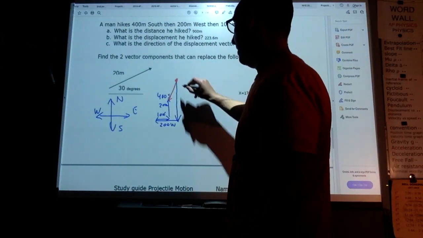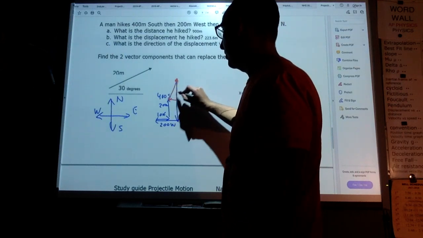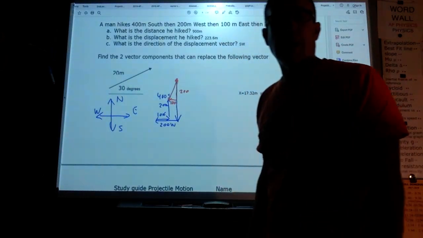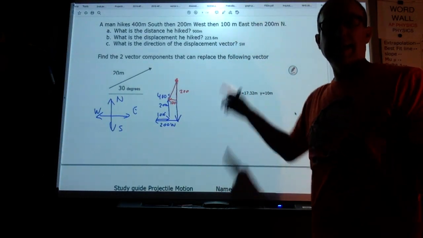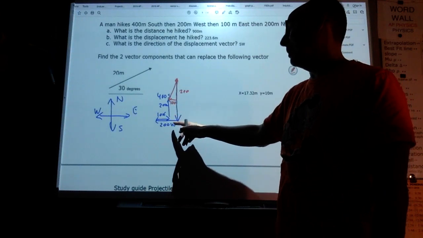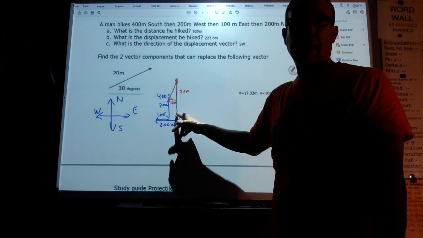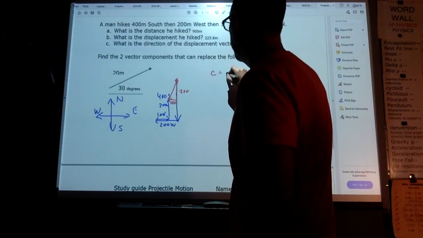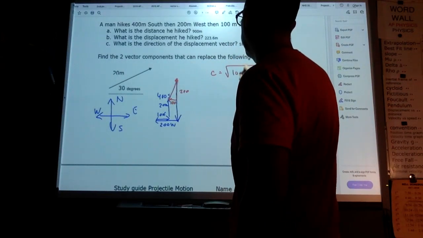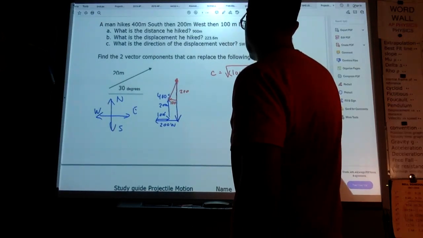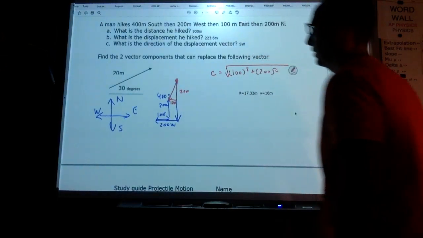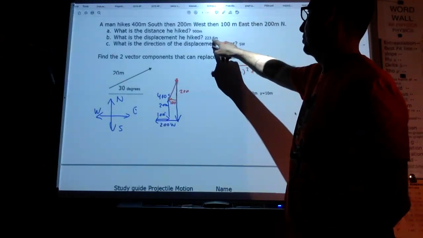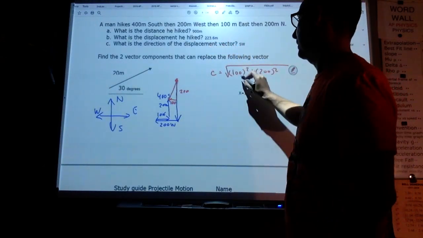So I know that if I made this into a triangle, this side would be 200 and that side would be 100, because I went down 400, but I went back up 200, and I went 200 west, but I went 100 back east. And so the length of that would be equal to the square root of 100 squared plus 200 squared, which is 223.6.